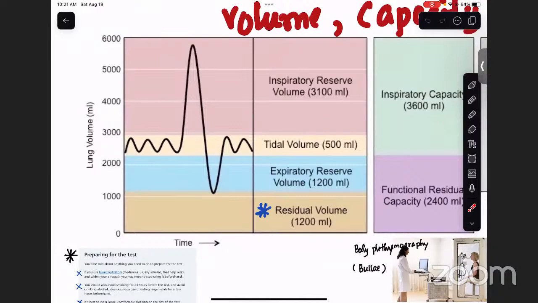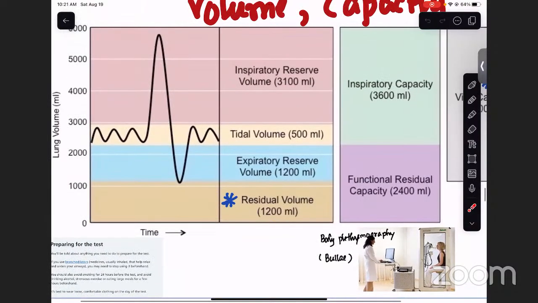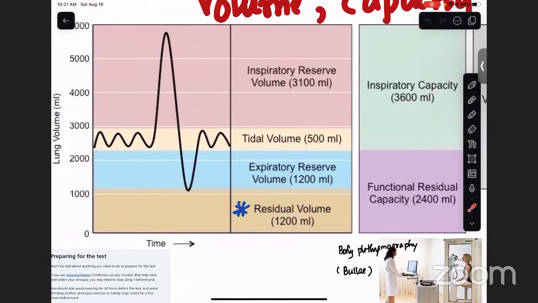Okay, let's talk about it later. So here, tidal volume is 500 ml, but there is a little difference between male and female. Let's note it generally as 500 ml for male and female. Okay, tidal volume 500 ml, inspiratory reserve volume 3000, expiratory reserve volume 1200, residual volume 1200.